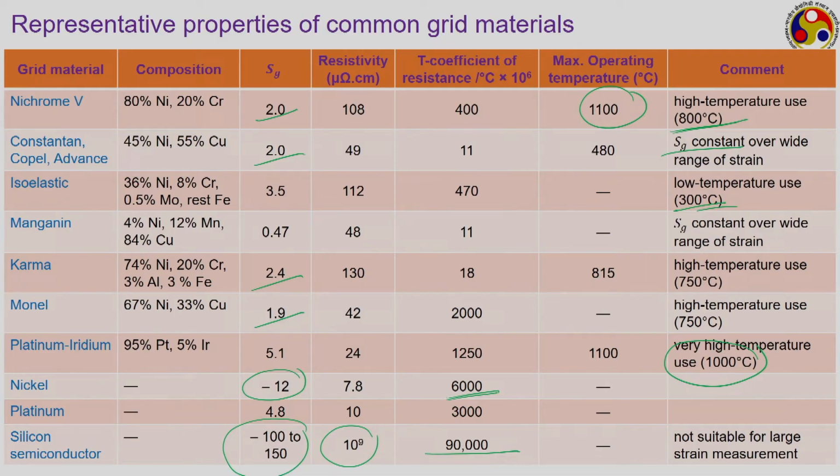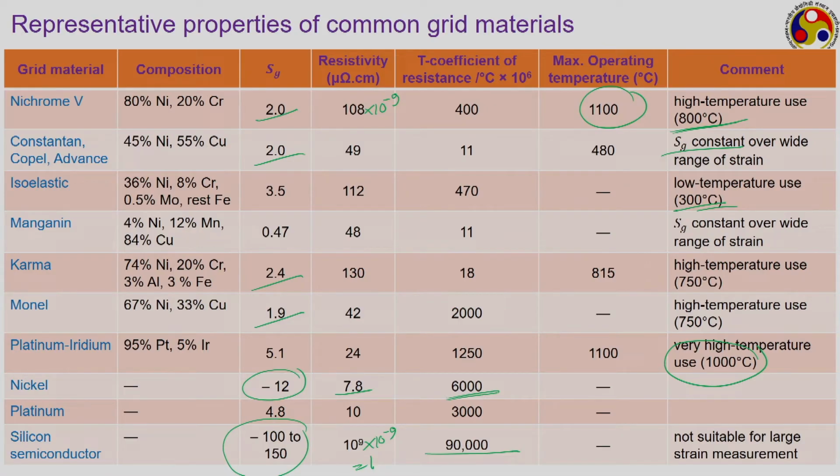Whereas for other common materials, nickel has only 7.8, whereas nichrome has 108 micro ohm centimeter. If we compare their magnitudes, it is 108 into 10 to the power minus 9 ohm centimeter, whereas this is 10 to the power 9 into 10 to the power minus 9, that is 1 ohm centimeter. It is much higher, 10 to the power 7 times higher than nichrome.